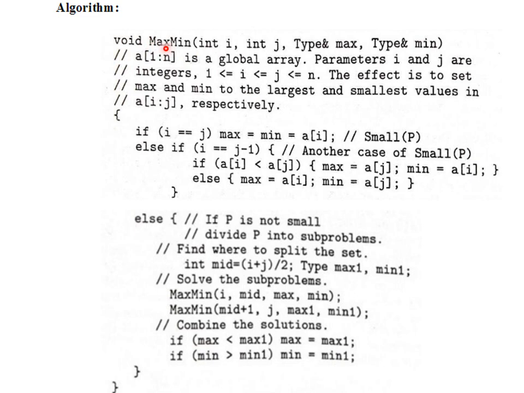We can see that the function does not return any values, so it is void. MaxMin is the name of the function, and i and j indicate two indices, the lower value and upper value of the list, and then the maximum and the minimum.